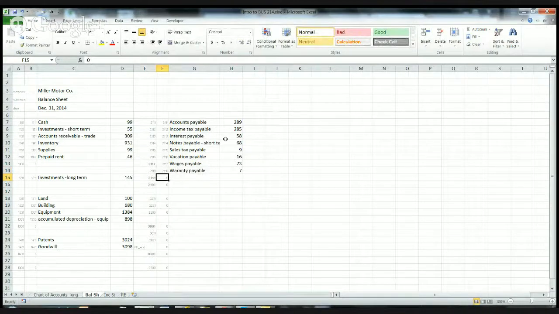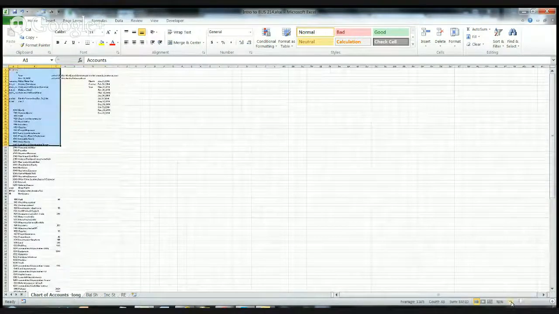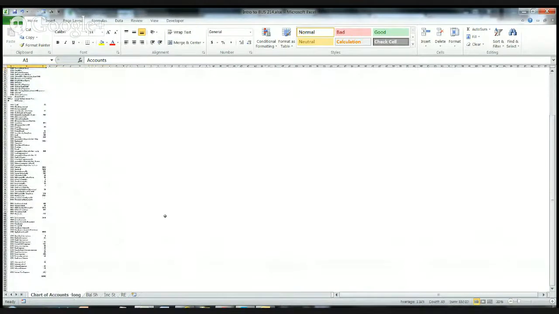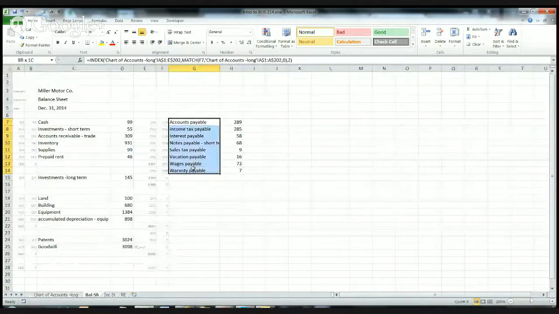Now notice you can memorize accounts, but I can overdo you. Look at all these accounts. These are all accounts that I pre-entered to play this game. So I don't know how many that is, but it's more than I can memorize. You don't want to memorize. Look at these, all end in payable.